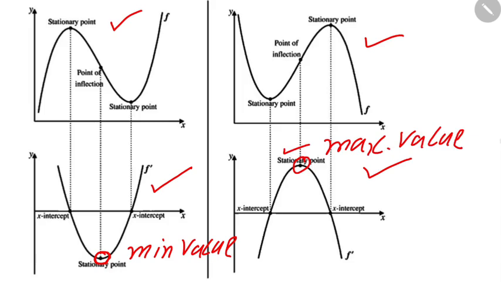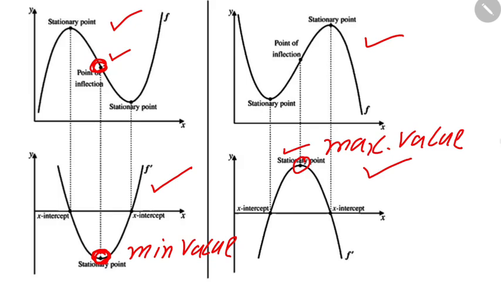So therefore the stationary point, the turning point of the parabola, is the point of inflection of the cubic graph. So if it is a positive cubic graph, the point of inflection here is going to be the minimum gradient of tangent. The tangent is the line which the graph only touches once.